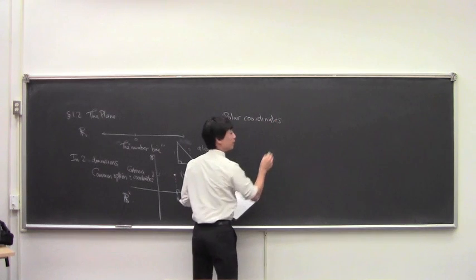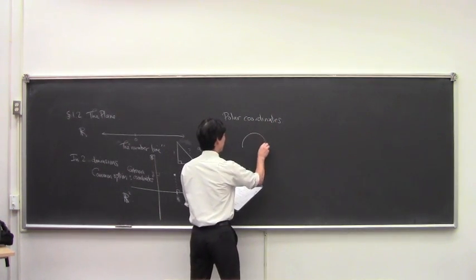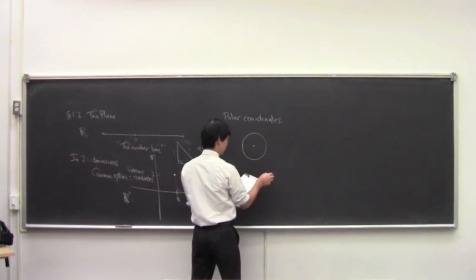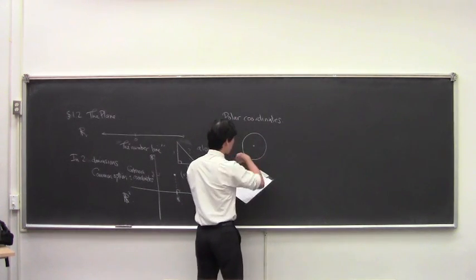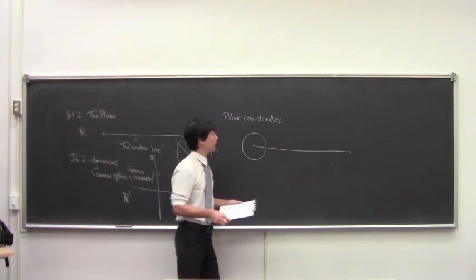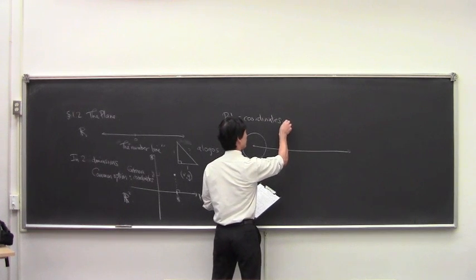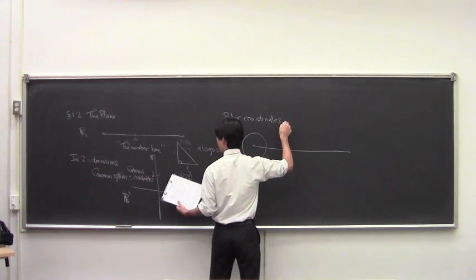Okay, polar coordinates. So you have a circle with a center, and a ray emanating from the center. To each point you associate a pair of numbers, but you don't get them the same way as before.